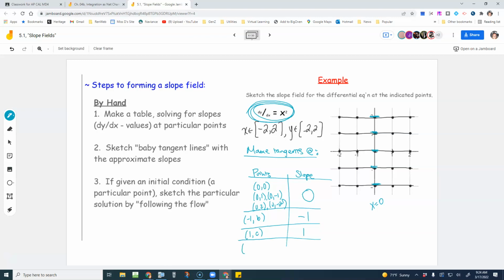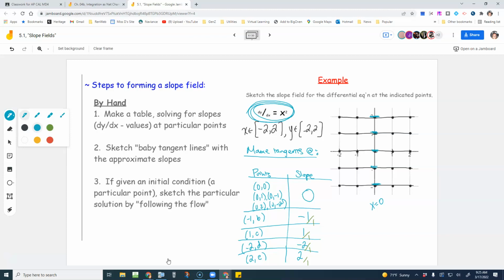Or anything with an x of negative 2, I'm going to have a slope of 4. Anything with the x of 2, a slope of 4. And remember, slope is rise over run. The 0 was easy, but for these guys, remember you're going to have to do rise over run. We're going back to Algebra 1, everybody.